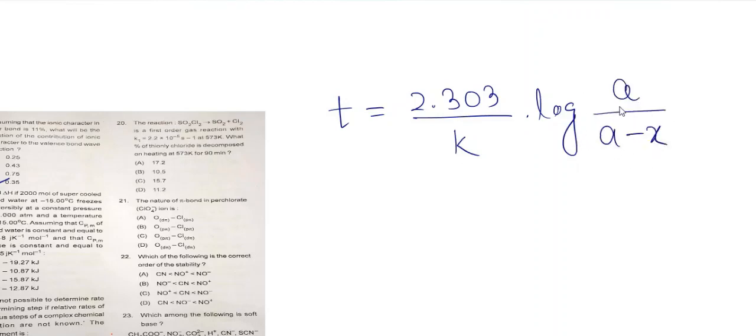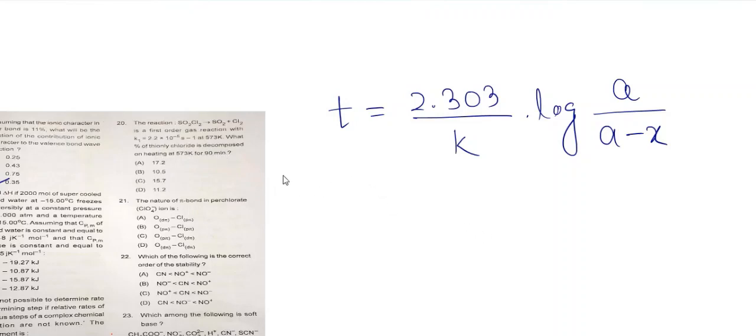Here a is the initial concentration of the reactant, and a minus x is the amount of reactant remaining after some time, where x is the amount reduced. I will write the formula here. k is given at 573 Kelvin. What percentage of sulphuryl chloride is decomposed on heating at 573 Kelvin for 90 minutes?